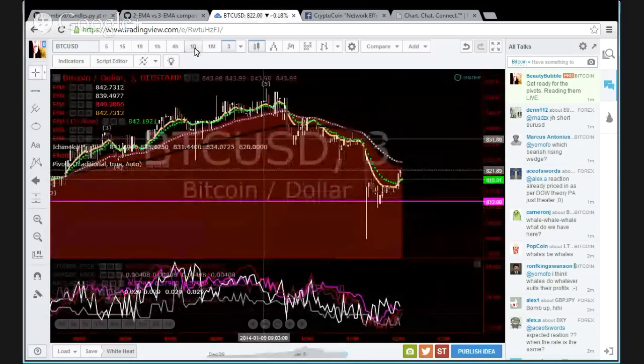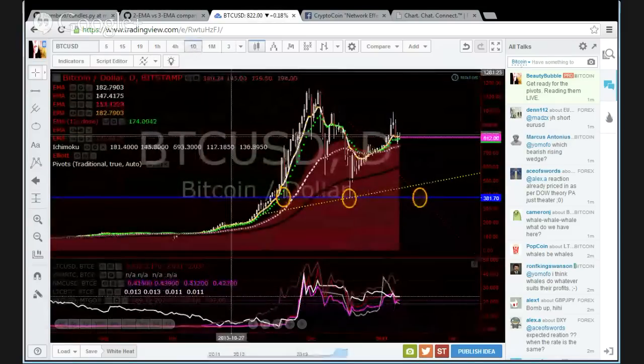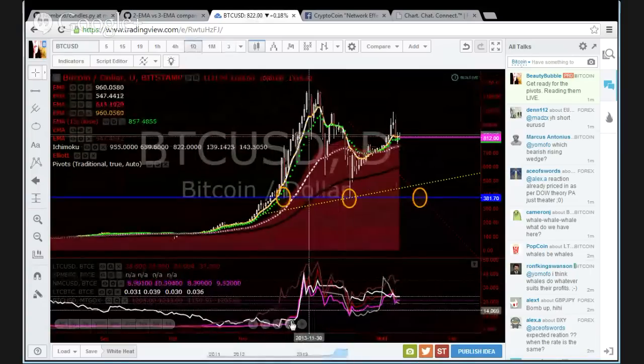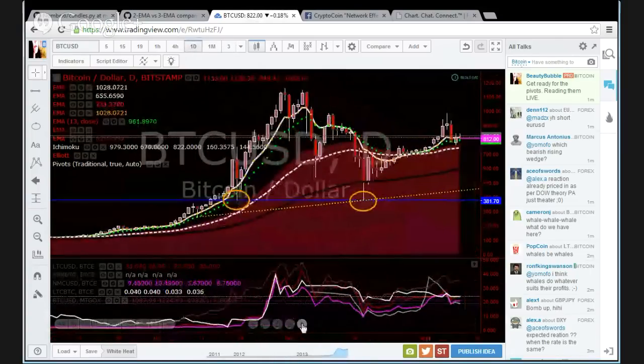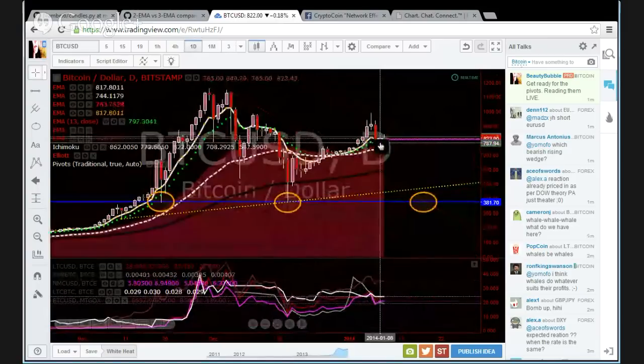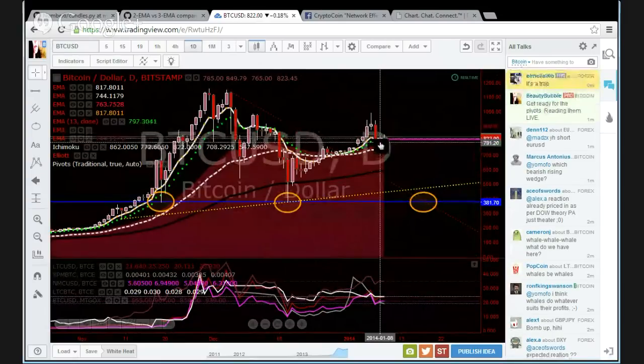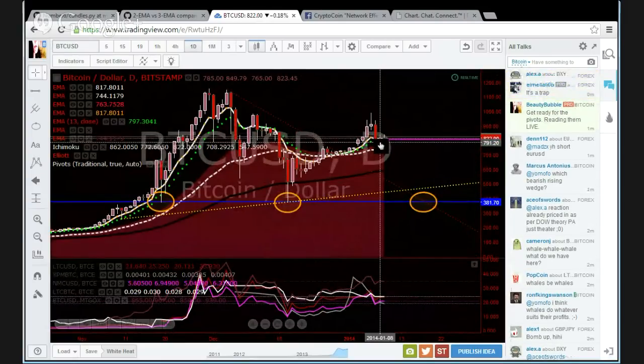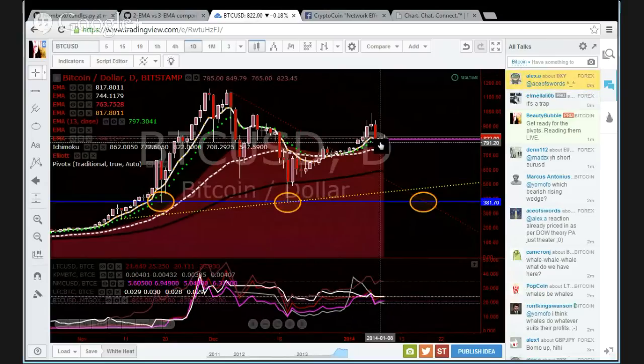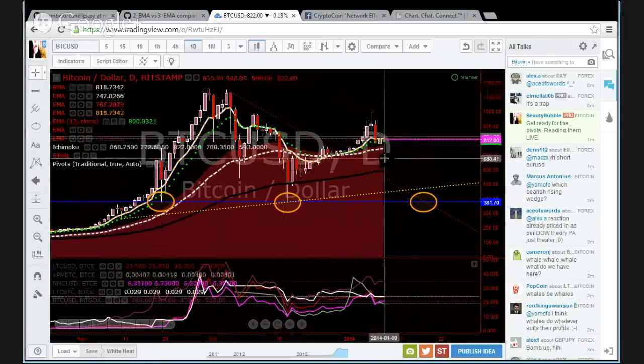And on the stamp, the pivot, your numbers in order are 785, 849.79, 765, and $823.45.